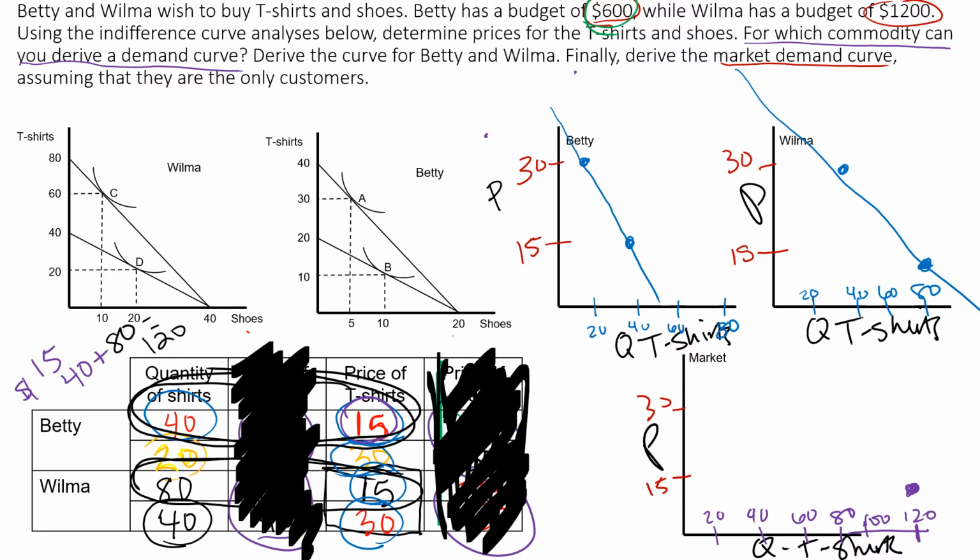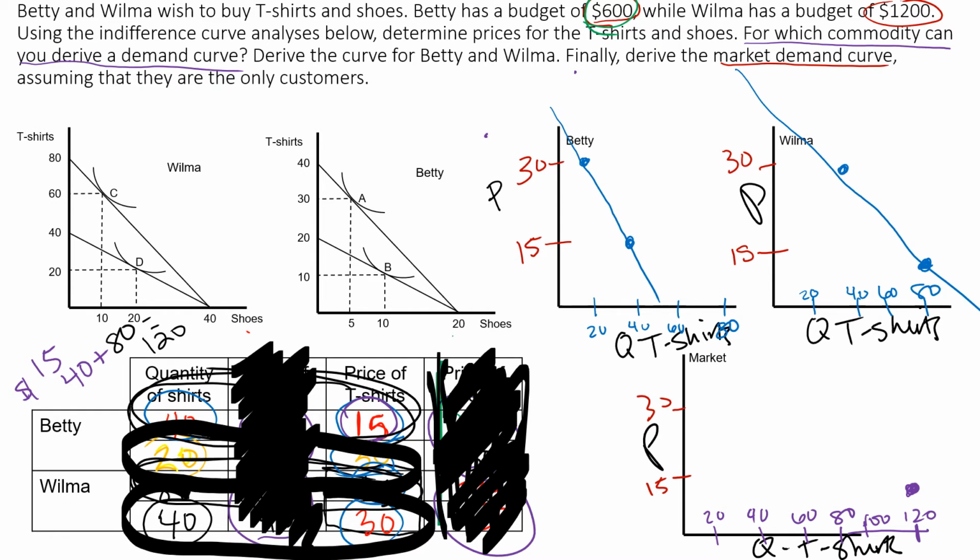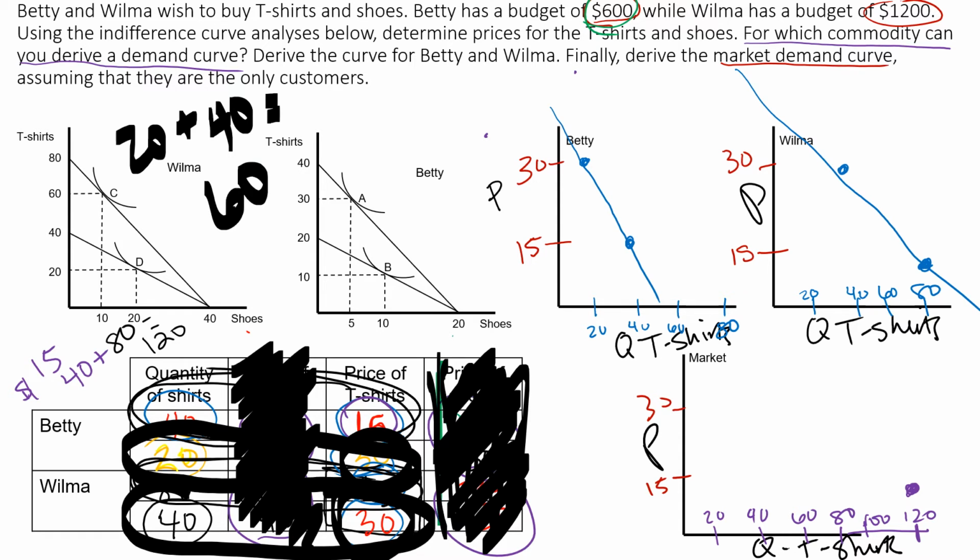And at $30, I'm going to try to do this so you can see it. So this was our two 30s over here. We have the 20 plus the 40 is 60. So there are 60 shirts in demand at 30.